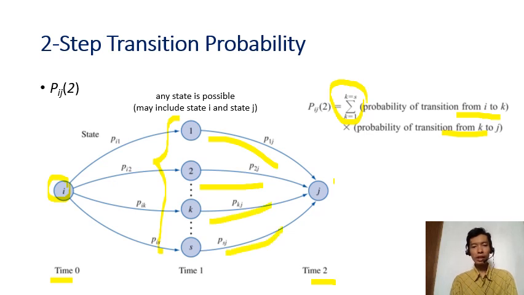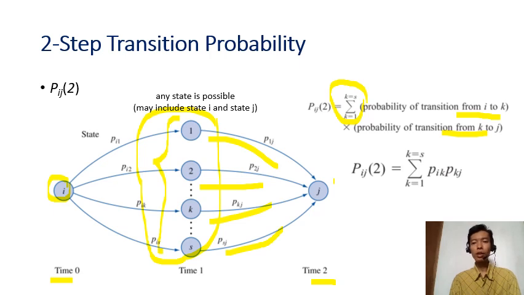And then remember, K is any state that we have in the Markov chain. So Pij(2) equals transitioning from I to K and then K to J for all the possible Ks that we have in our Markov chain. So in other words, Pij(2) equals Pik times Pkj, in which k is all the possible states that we have in our Markov chain.